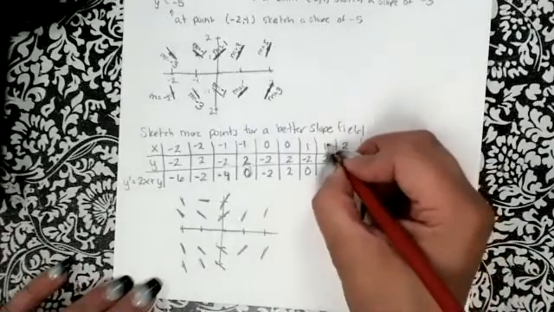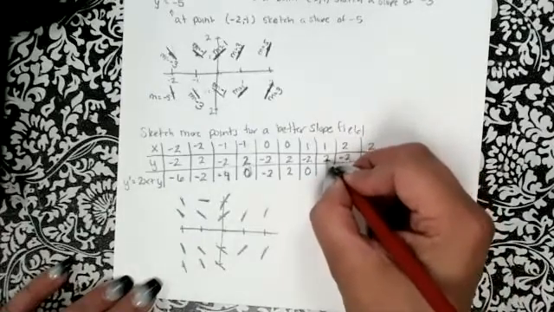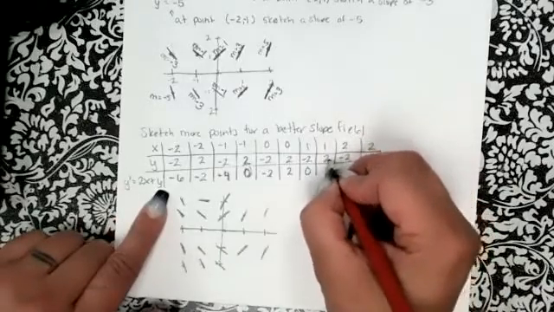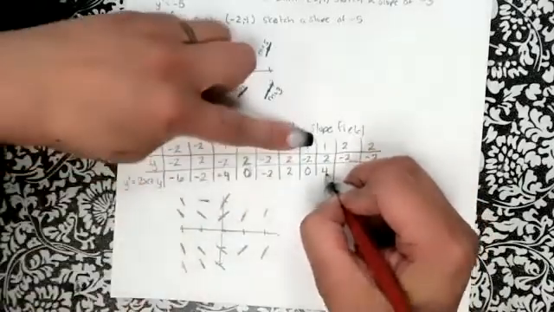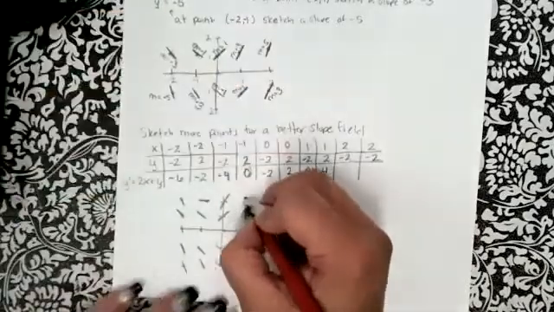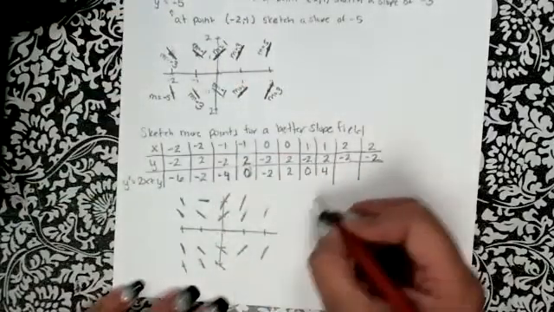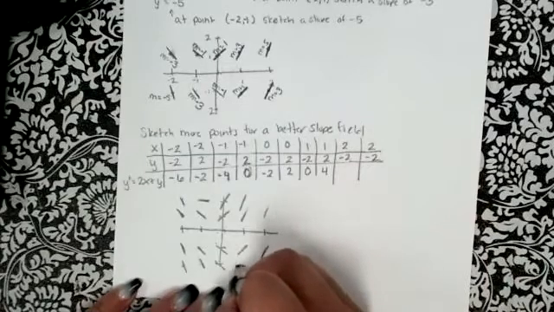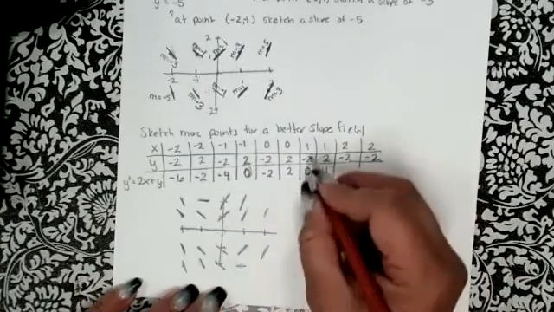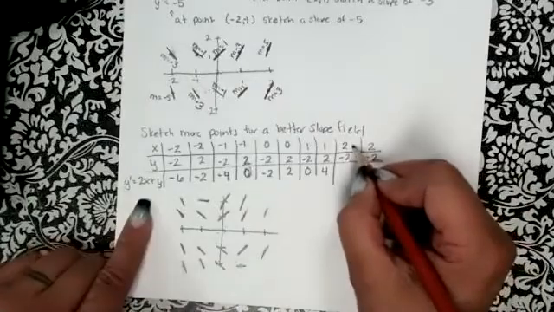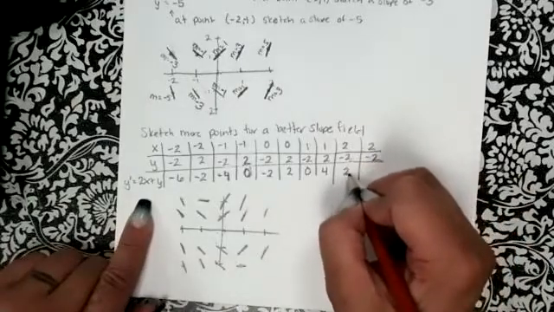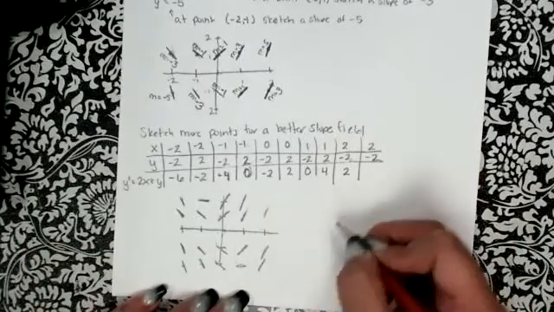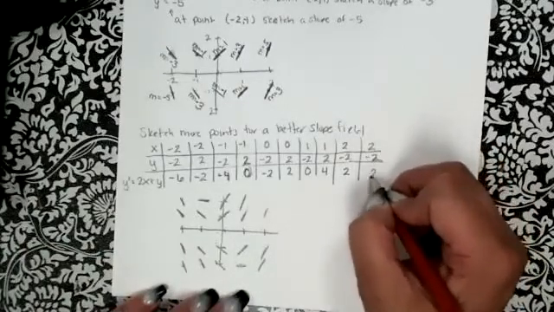So now here, when I plug in 1, 2, that's 2 plus 2, which is going to be a 4. So at x is 1, y is 2, I need a 4. Oh, I didn't graph this one. At 1, negative 2, that's a 0. Now right here, when I plug in 2, negative 2, I get a positive 2.